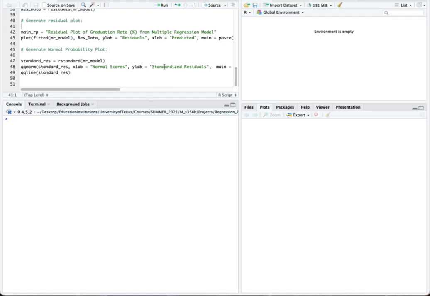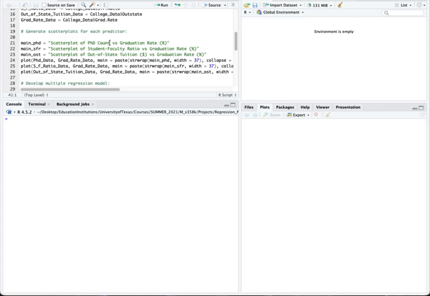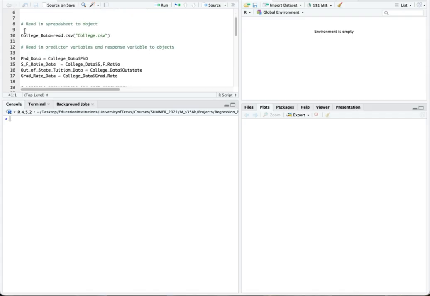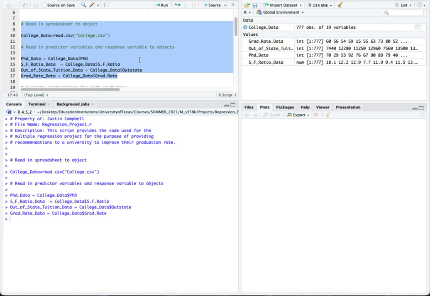So looking at the RStudio window, let's first go ahead and load data into the workspace. So in this project, all steps of the data analysis were performed using RStudio.